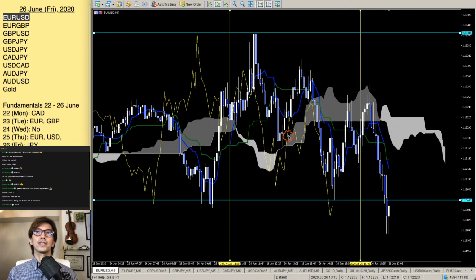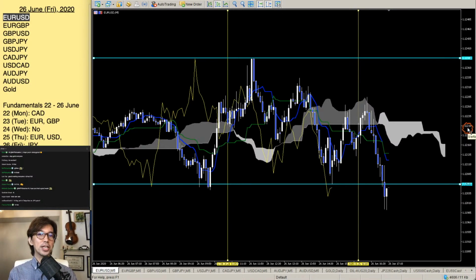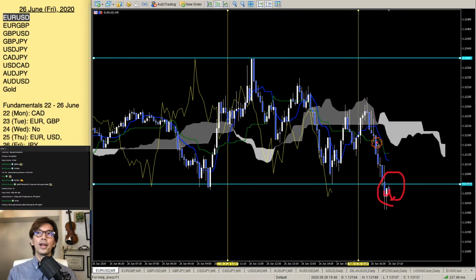Once again, I don't recommend you place a sell or buy right at the breakout, but instead I recommend you look at the smaller time frames and look for confirmation of this pullback or pushback. Always not jumping into the market is the key. So right now it looks like this is pulling back and now it's going down. If I find some sort of confirmation here, then I can start to look for the sell chance.